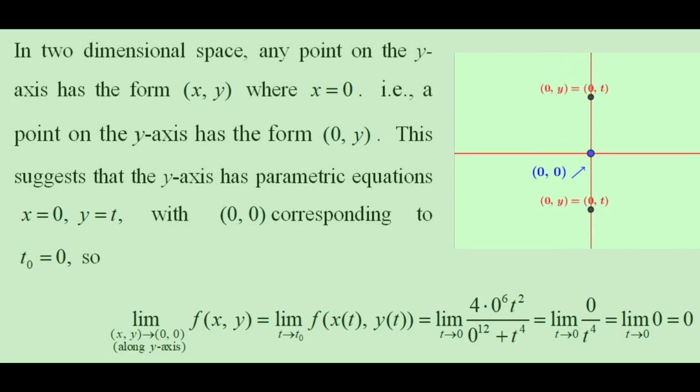So, the limit as (x, y) approaches (0, 0) along the y-axis of f of x, y is equal to the limit as t approaches t0 of f of x of t, y of t, which is equal to the limit as t approaches 0 of 4 into 0 raised to 6 into t squared all divided by 0 raised to 12 plus t raised to 4, which is equal to the limit as t tends to 0 of 0 by t raised to 4, which is equal to the limit as t approaches 0 of 0, which is equal to 0.